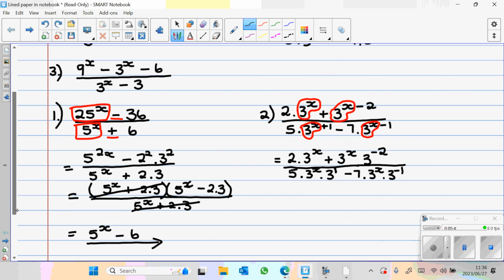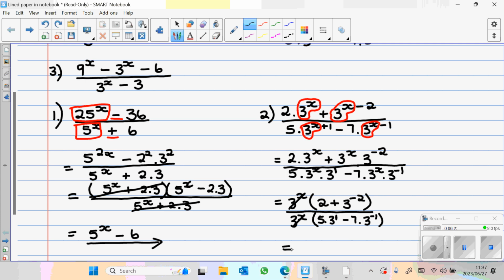I'm going to take out that common factor. I'm going to say it's 3 to the power of x, and I will have 2 plus 3 to the power minus 2 at the top, and then I will have 3 to the power x at the bottom, and I will have 5 times 3 to the power 1 minus 7 times 3 to the power minus 1. Then I will cancel out 3 to the power of x, and my answer would be, now how would I obtain my answer?